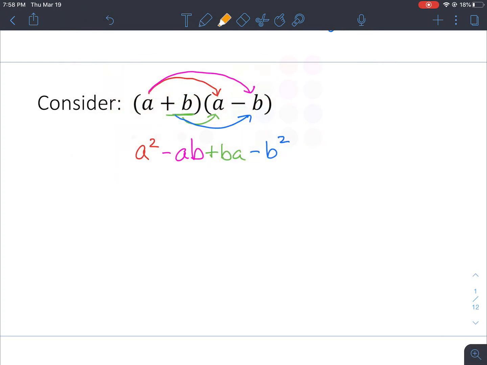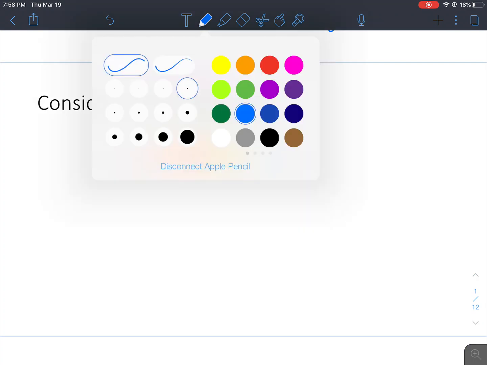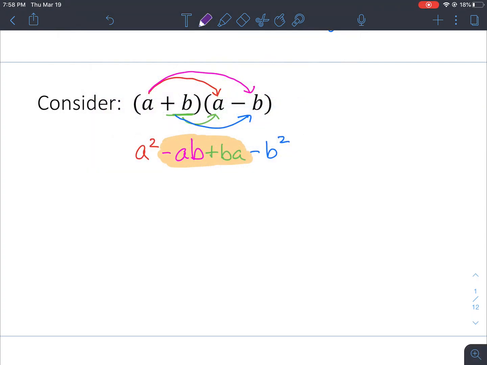Now, what I want to focus on is this middle set of numbers right here, this minus ab and this plus ba. Remember that what we're doing with those two values is we're actually multiplying them together. Now, just as we know 2 times 3 is 6 and 3 times 2 is 6, we can see that the order in which we multiply two values doesn't matter. It's going to end up with the same result.